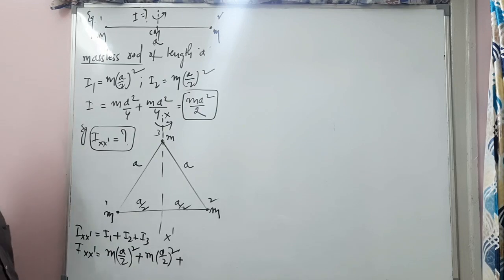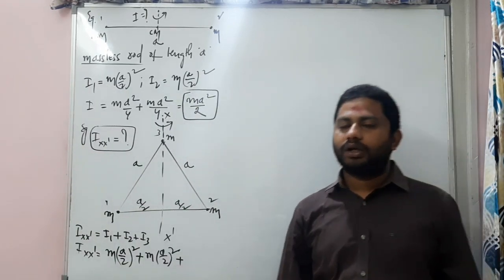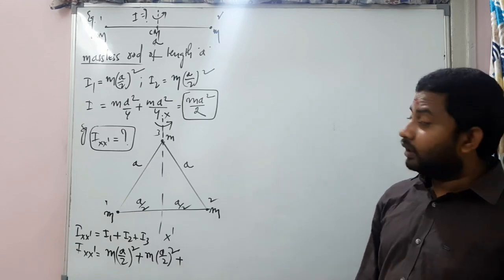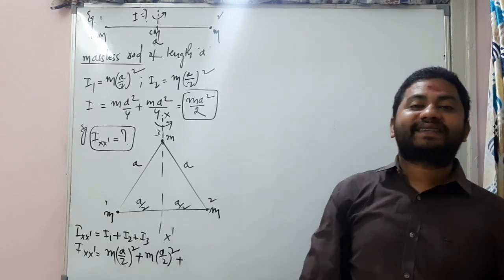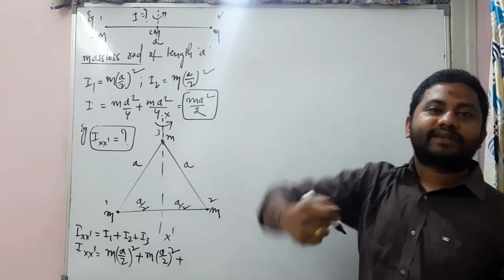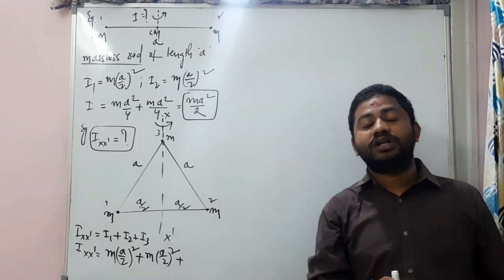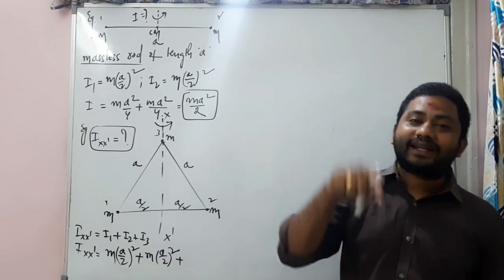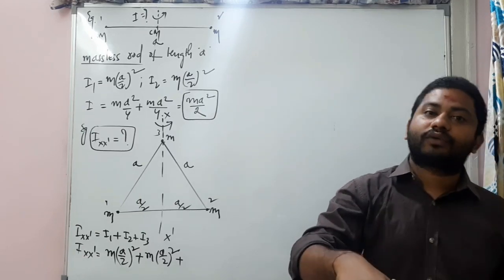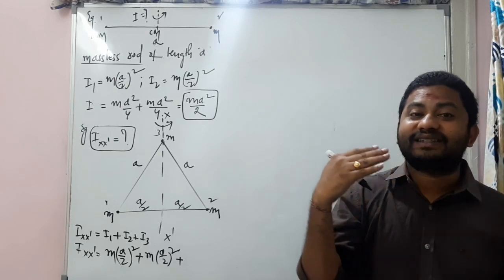The third one is very important. Why is the third one important? The third mass is kept on the axis of rotation, my dear children. When the mass is kept on the axis of rotation, the moment of inertia of that mass about that axis of rotation will be 0 because the perpendicular distance is not there.